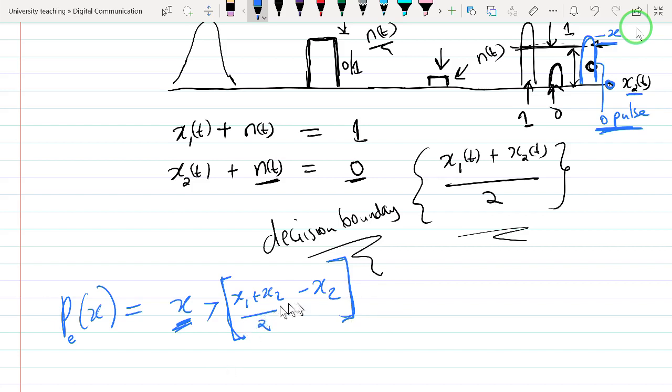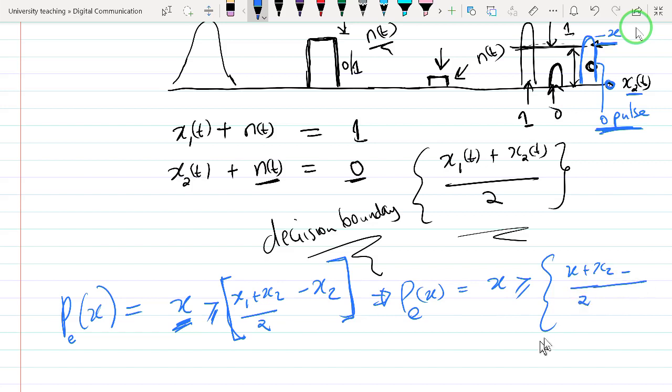And this can be simplified further to say that the probability of error of x can be found to be when x is bigger than or equal to (x1 plus x2) over 2 minus, if we put the 2 to be the same base, x1 plus x2, and this becomes 2 over 2, so minus 2x2.